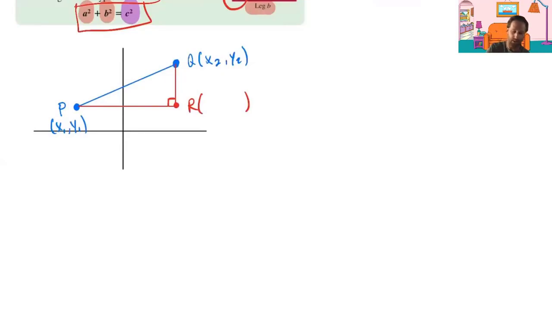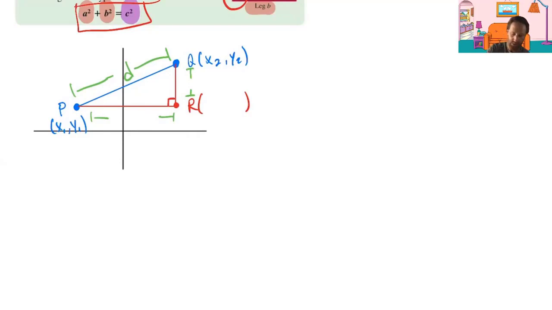Because right now our task is to find the distance, that variable right there, D, between those. And if I can come up with the distance between P and R and Q and R, then we can use the Pythagorean theorem, because then we will have our two legs and we can find our hypotenuse, we're calling D.